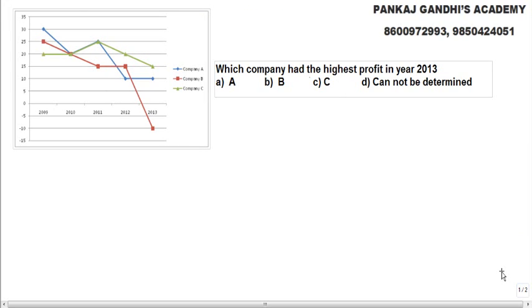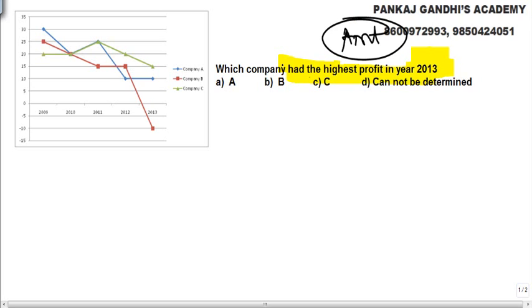Look, the question asked already has enough logic built up. Which company had the highest? Out of the 3 companies, which had the highest amount of profit? Now, we already know the answer will be cannot be determined, because we know the percentages but we don't know who started with what in 2008.